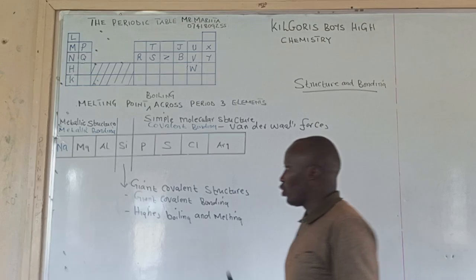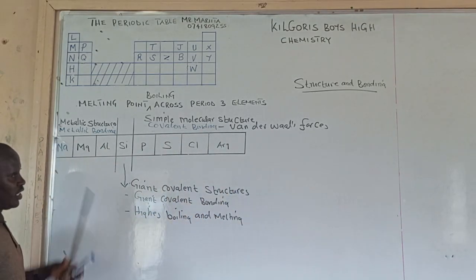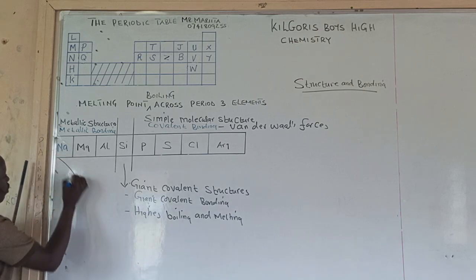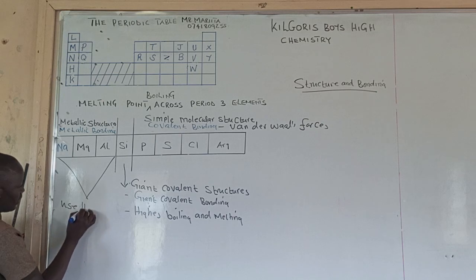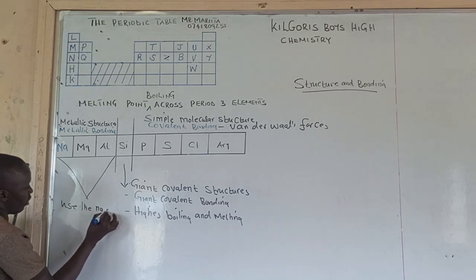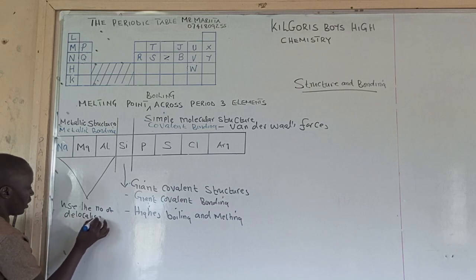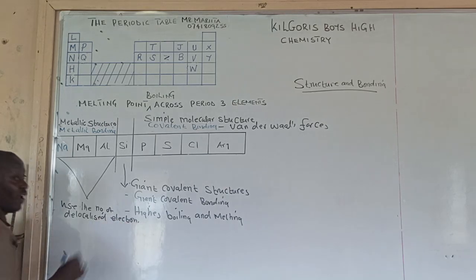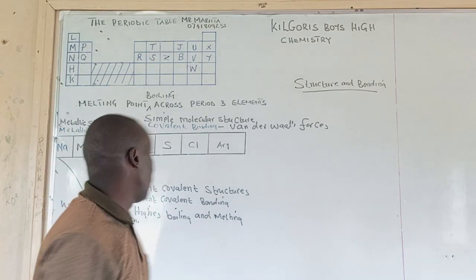When told to compare the melting points of sodium, magnesium, and aluminium, we use the number of delocalized electrons. And what do you know about this? The higher the number of delocalized electrons, the higher the melting point.